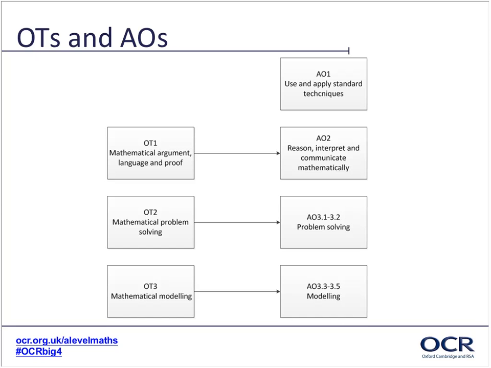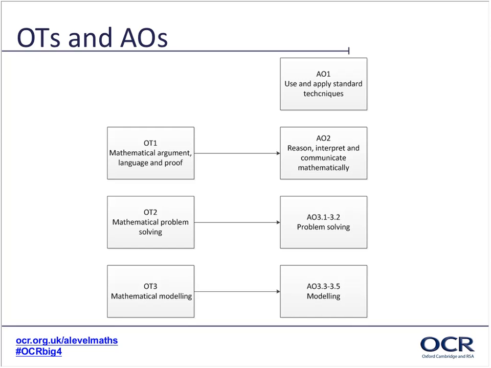So that's allowed us in the additional pure, for example, to focus more on reason, interpret and communicate mathematically, the sort of proof as it were, and the problem solving, and have very little modelling because the content doesn't really apply itself well to that. Whereas in mechanics, we've got much more of a focus on the modelling end of things and much less on the proof.